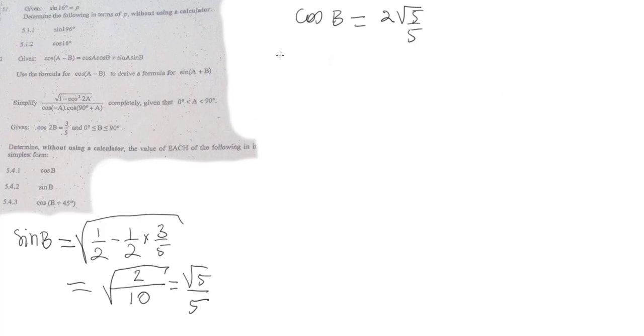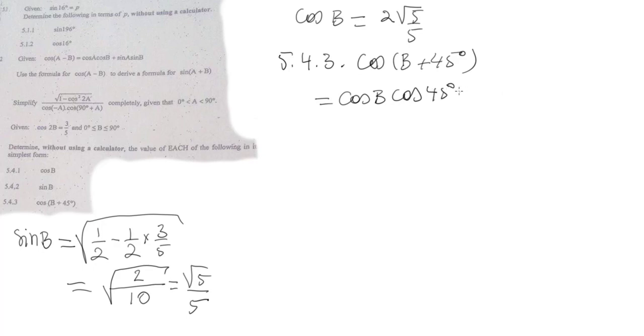Now 5.4.3, it's given cos (b plus 45). So this will give us cos b cos 45 minus sin b sin 45.